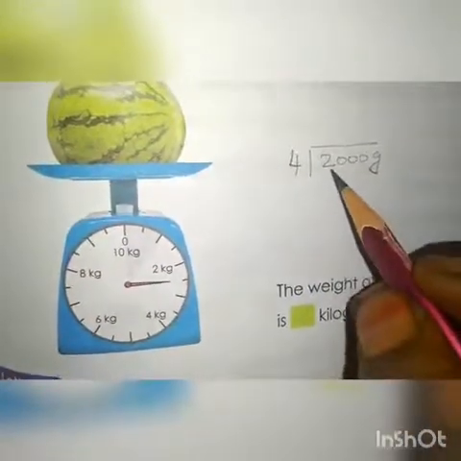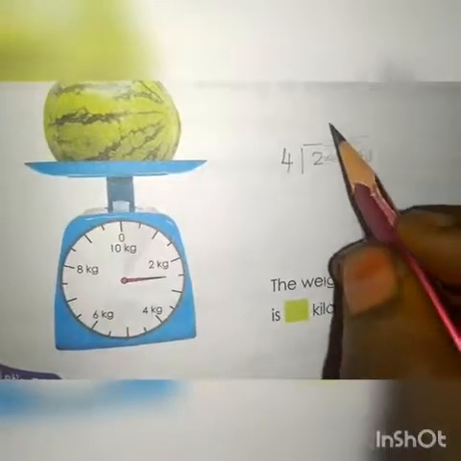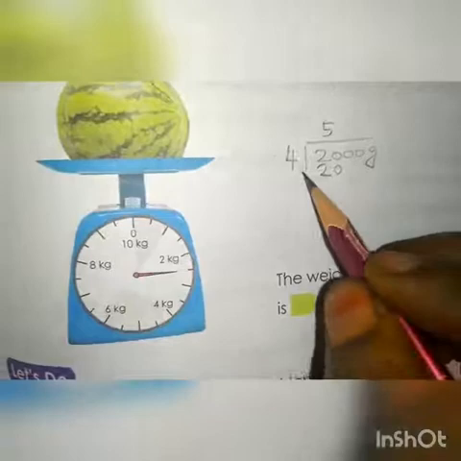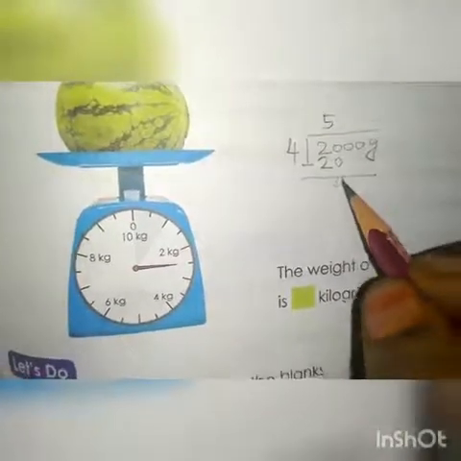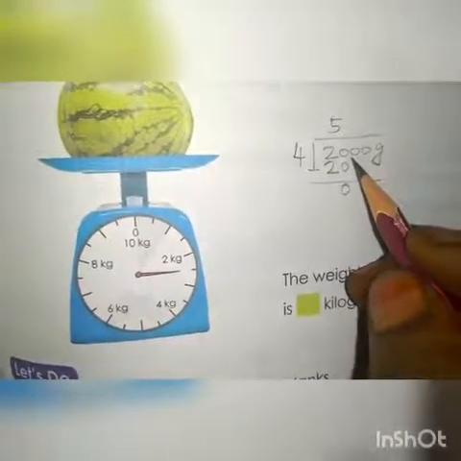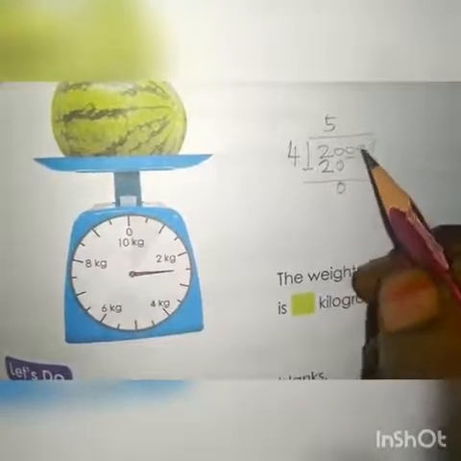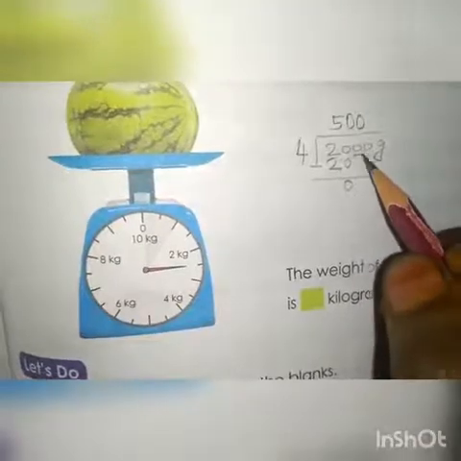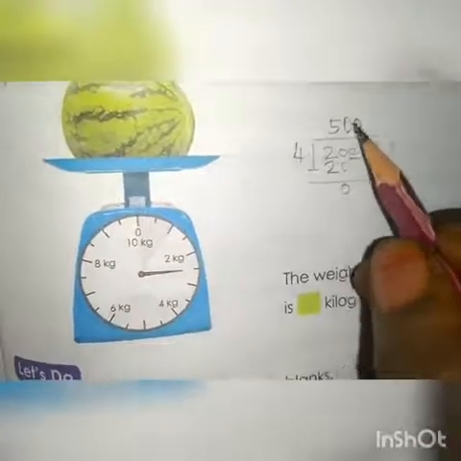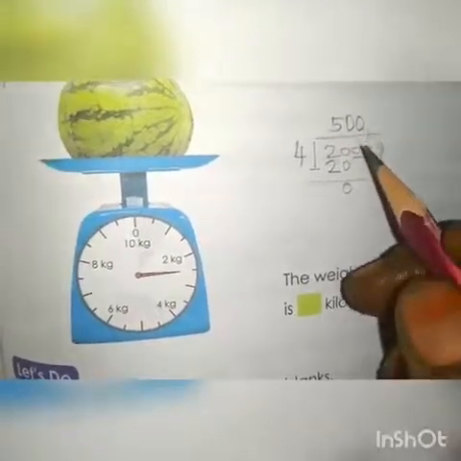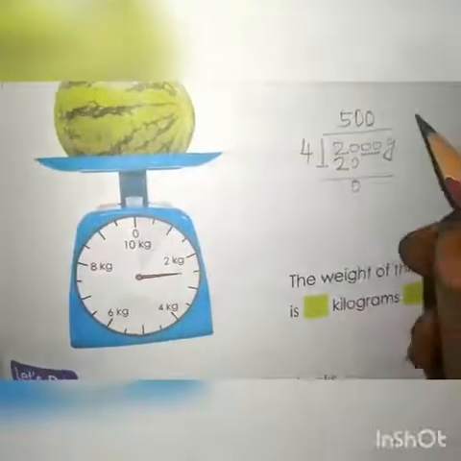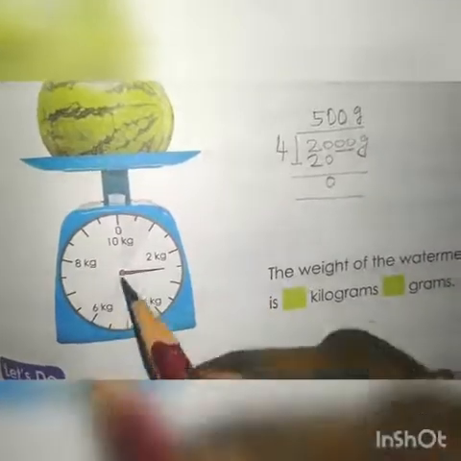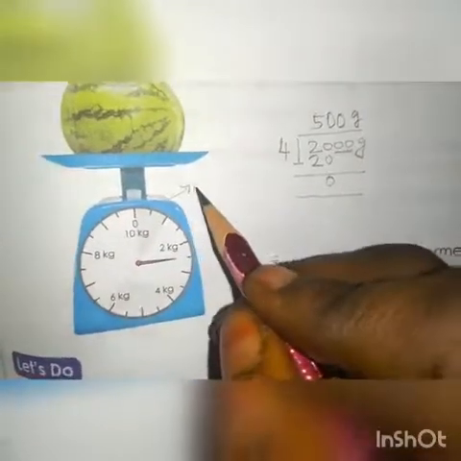How many times will we get 20? 5 fours are 20. After that we have 2 zeros. If you bring down 2 zeros, we will get 500. So each line represents 500 gram.